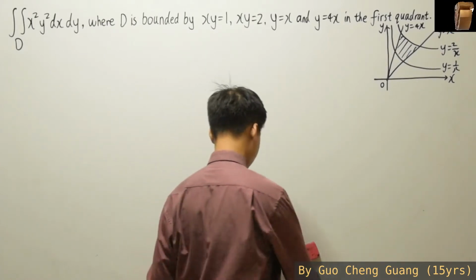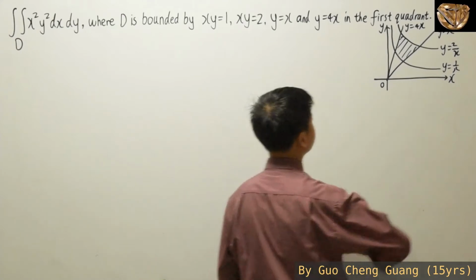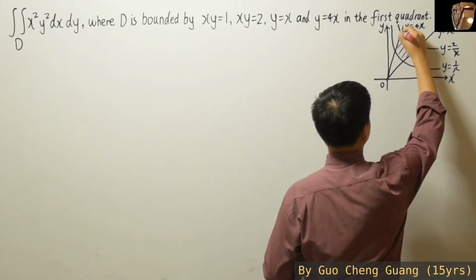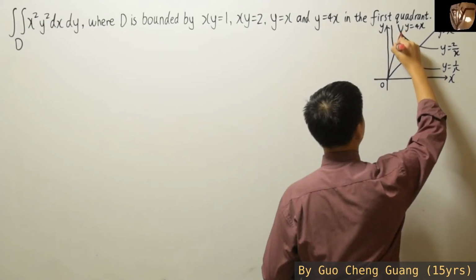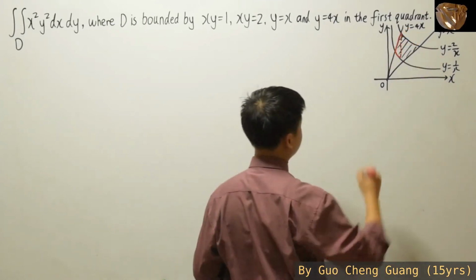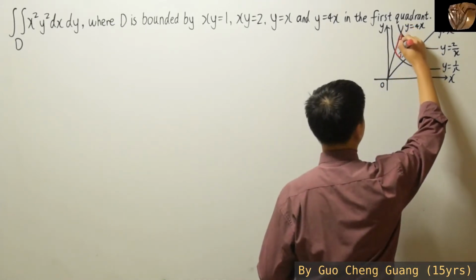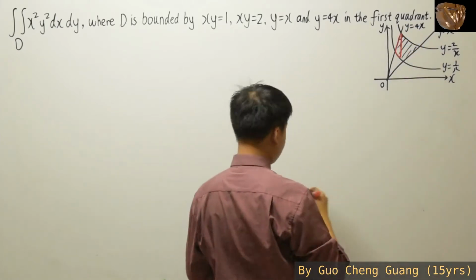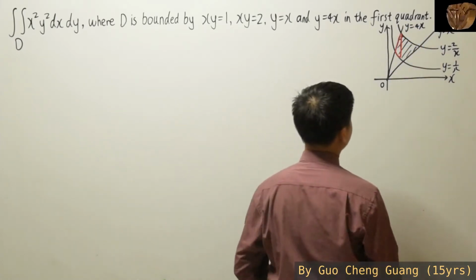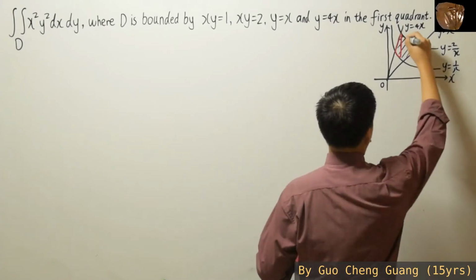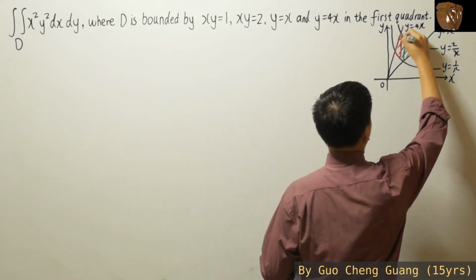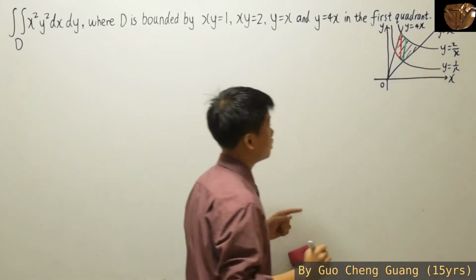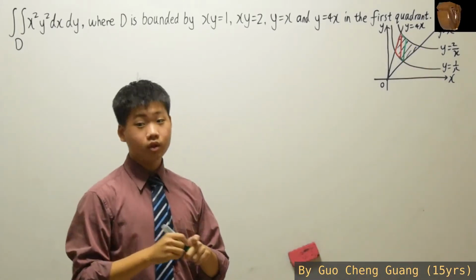So we could have one piece here first. So this can be one piece of it. And then you can have here as another part of it.